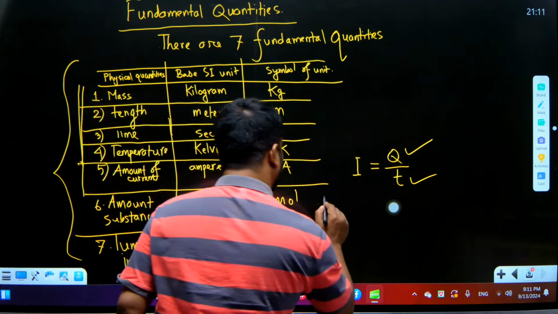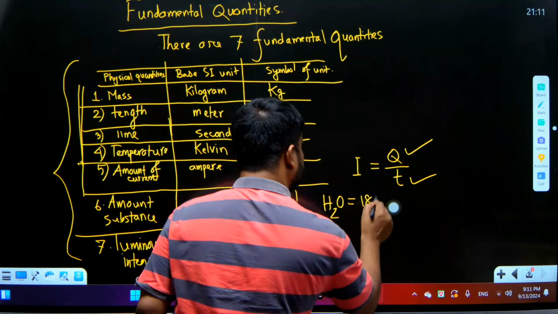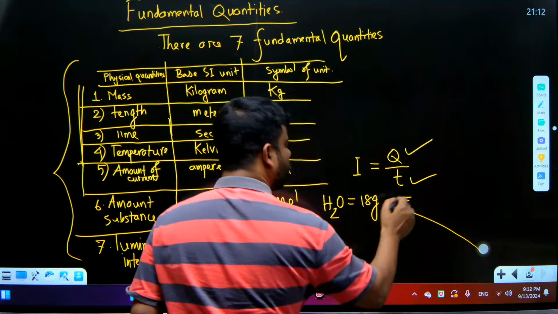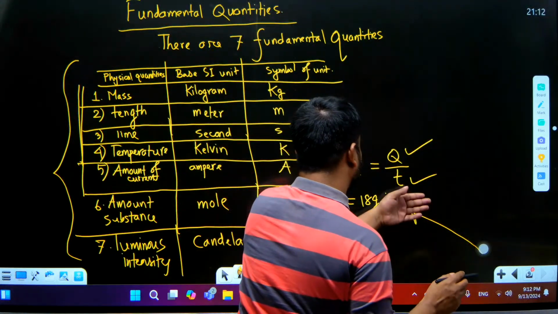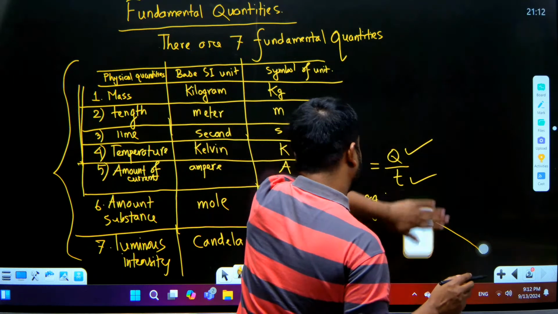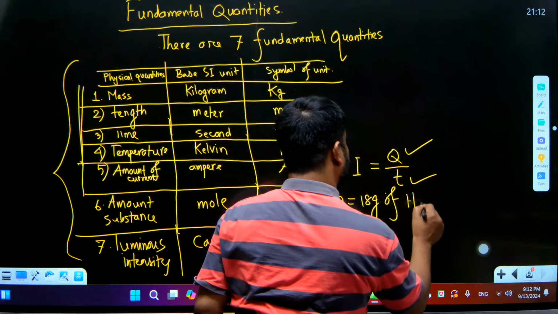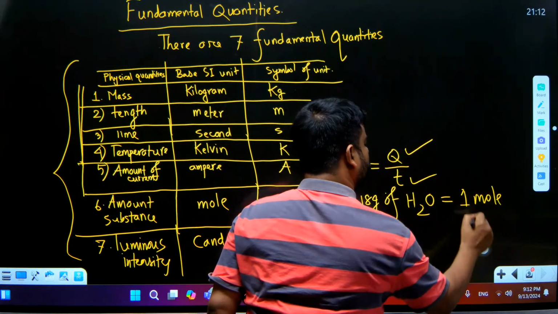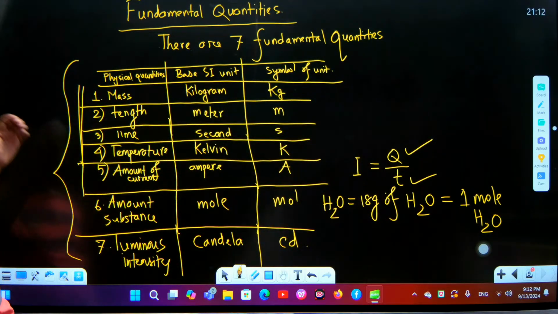Like water, H2O, whose molecular mass is 18 gram. So 18 gram of water means 1 mole of water. It is the same as the mass, but we follow this.